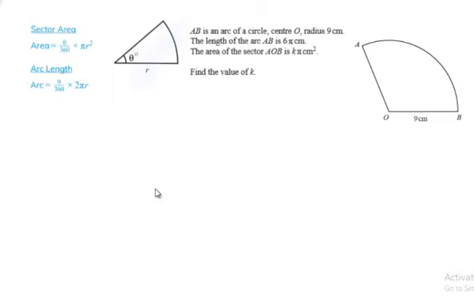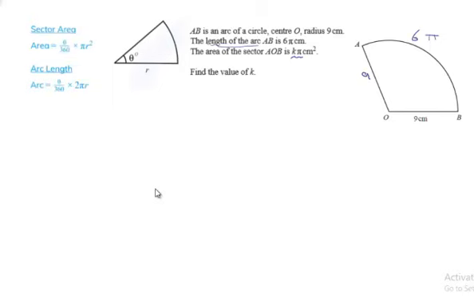In this question here, AB is an arc of this circle. The radius is 9, which means this is also 9. The length of arc AB is 6 pi, so the length of this arc is already given to us. The area of this sector AOB is K pi centimeters squared.